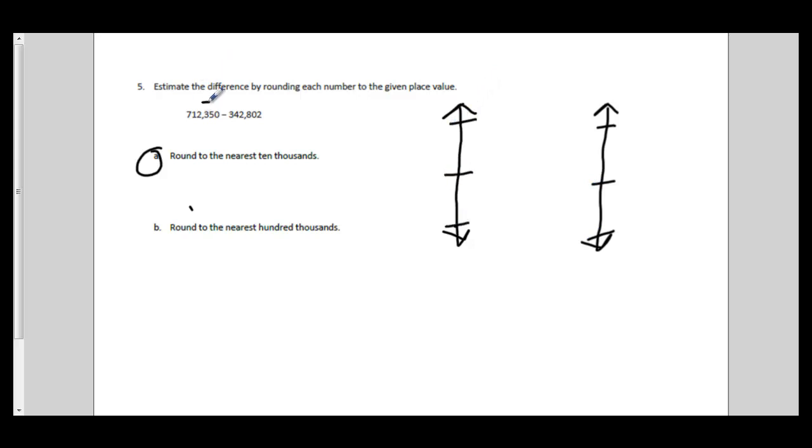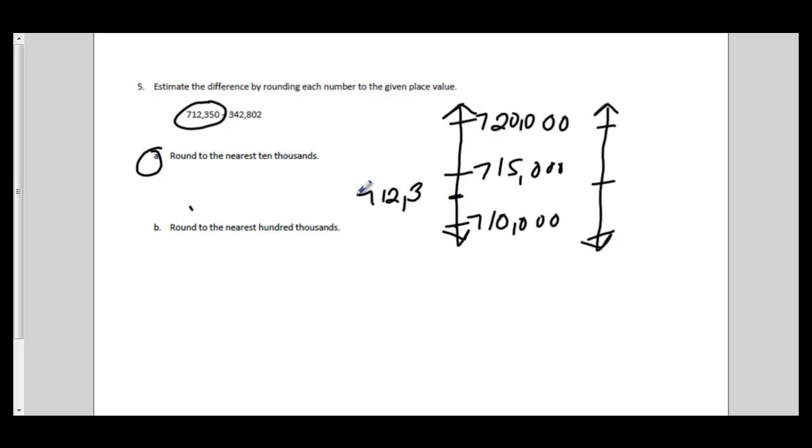Okay, so 712,350 has 710 thousands. Notice when I get all these zeros, it's going to make the subtraction so much easier. One more 10,000 would be 720,000, and my halfway point is 715,000. So 712,000 is going to be right here in the middle. So that tells me that 712,350 rounds to 710,000.